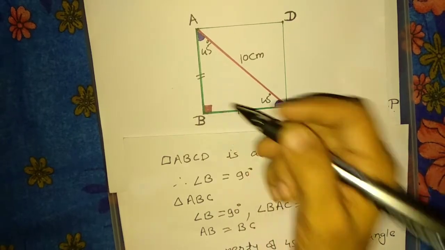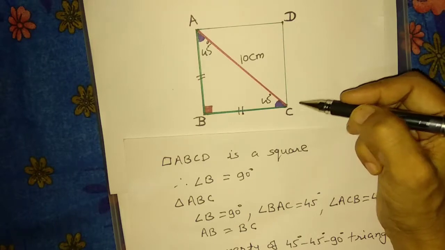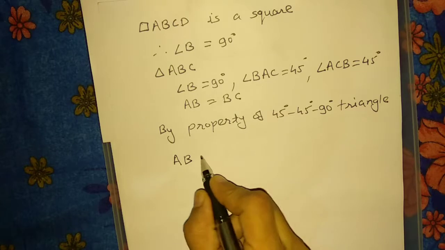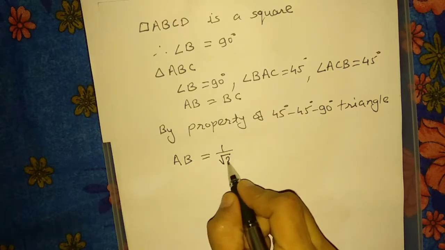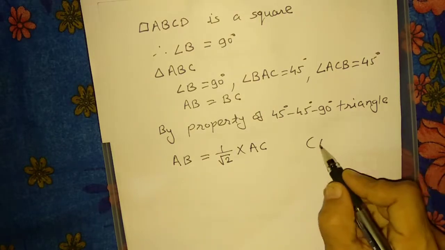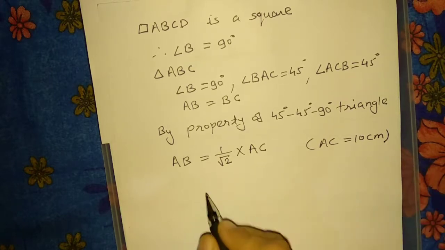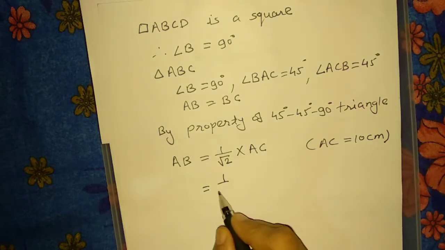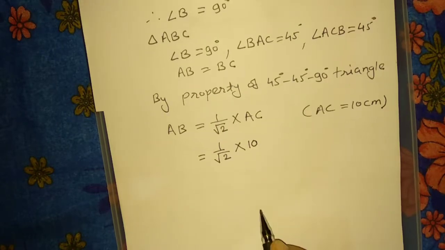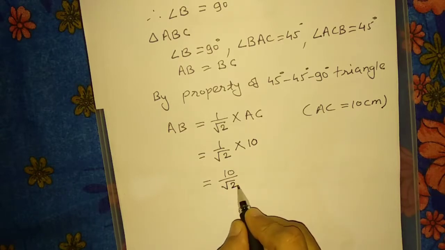AB is equal to 1 by root 2 into hypotenuse AC, and AC is given 10 cm. Therefore, AB is equal to 1 by root 2 into 10. That is 10 by root 2.